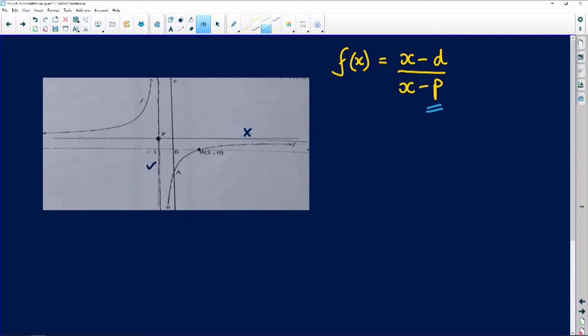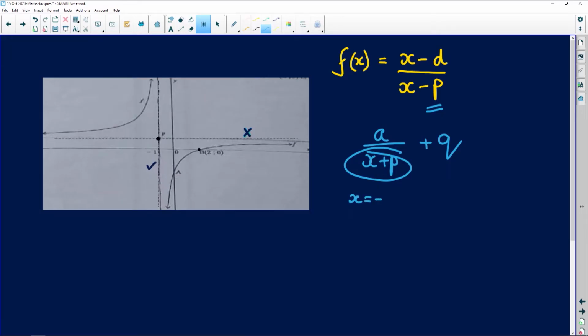And we know that whenever we're working with, let's say, x plus p plus q as a standard form, that this component creates the vertical asymptote. Okay? So we know that the vertical asymptote is at x equal to -1.